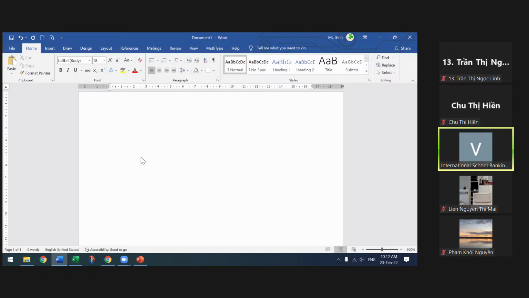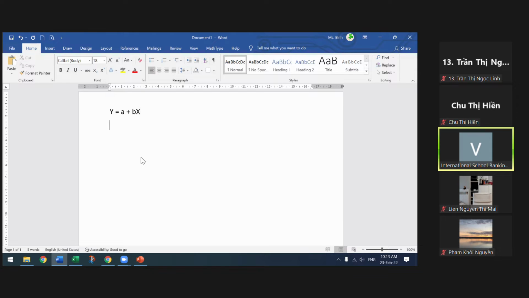Hàm số. For example, we have a function like this: y equals a plus bx. So this is a linear function. We know that when we graph this function, the graph is a straight line, right?